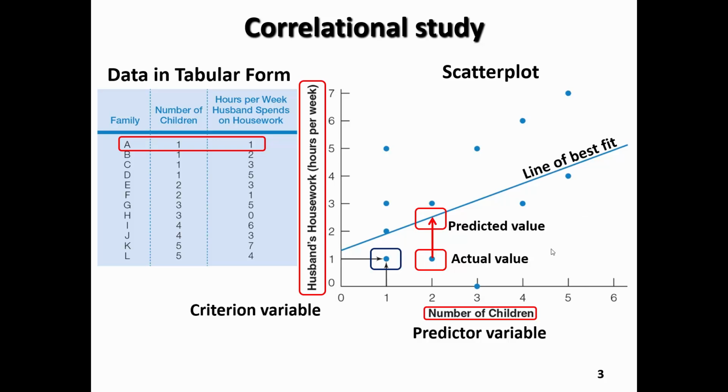The equivalent spot for the x-axis on the line is called the predicted value. If we were to try to predict for this family, we would get a value just above 2 hours per week. This difference is determined to be measurement error, or the measurement variability on the scatter plot.